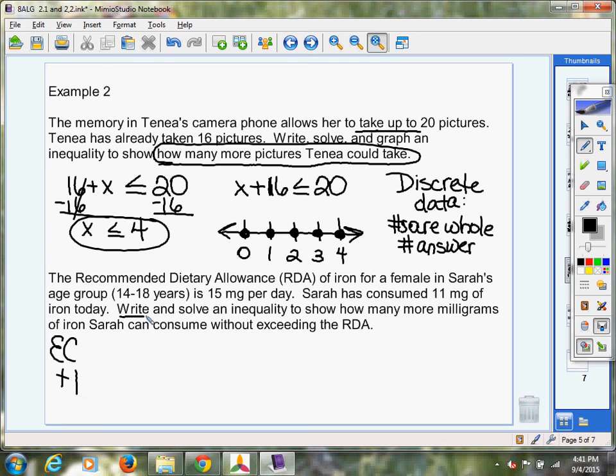I want you to write, solve, and graph. Write an inequality statement. Solve it. It'll be a one-step inequality. Solve it for me in the space below, and then graph your answer for me. Okay? So just read carefully and do your best, and we'll go over it in class.